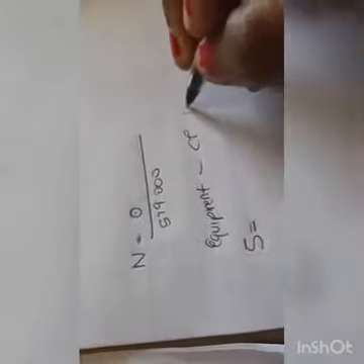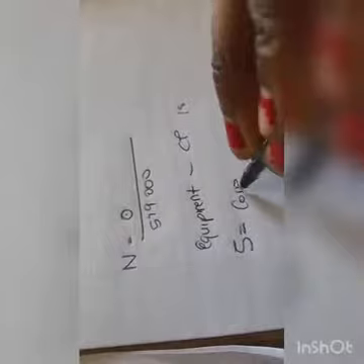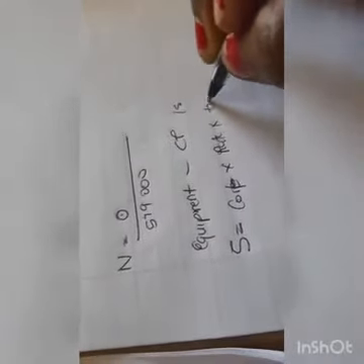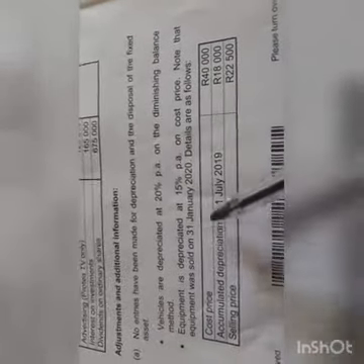Here it is. So the formula, since we are using the cost price method at 15%, you say cost price, the cost multiplied by the rate multiplied by the time over 12. Now, what is the cost price? It is 40,000. The rate is 15, and then the time over 12.